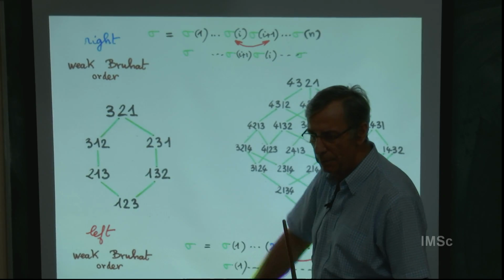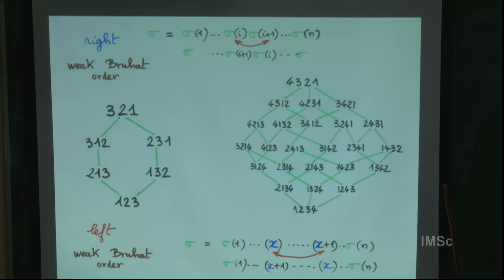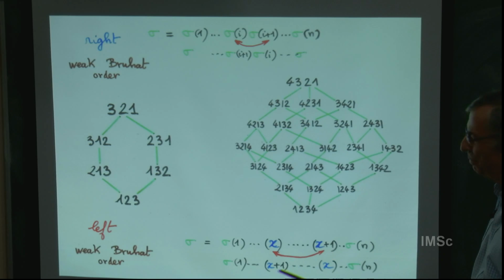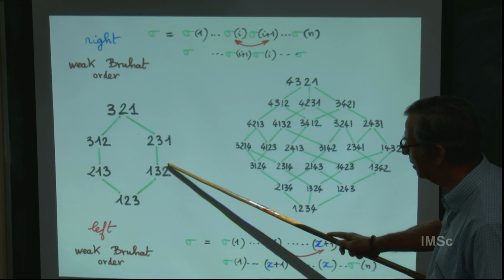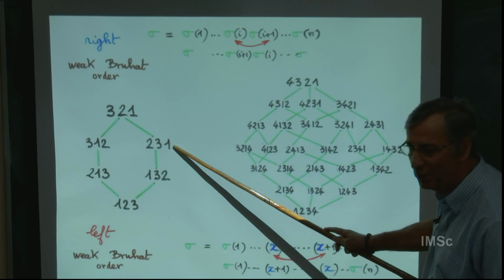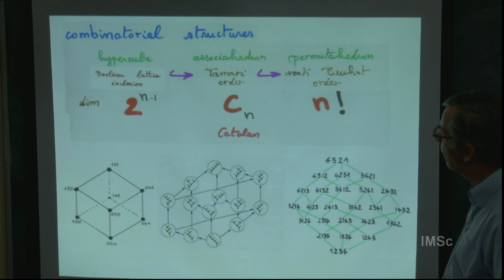Yes, it's the same because it just takes the inverse permutation. So here I'm working with the inverse permutation. So here I exchange 2 and 1. They are not consecutive in the word, but they are consecutive values. So this gives you this Hasse diagram. So this gives you an order on the permutations.